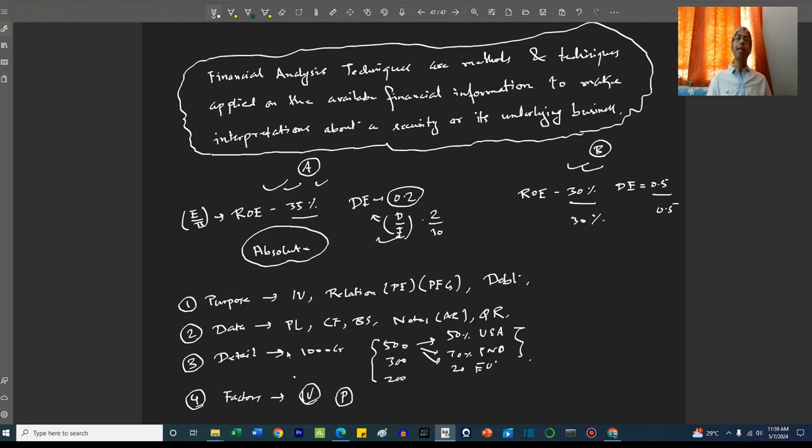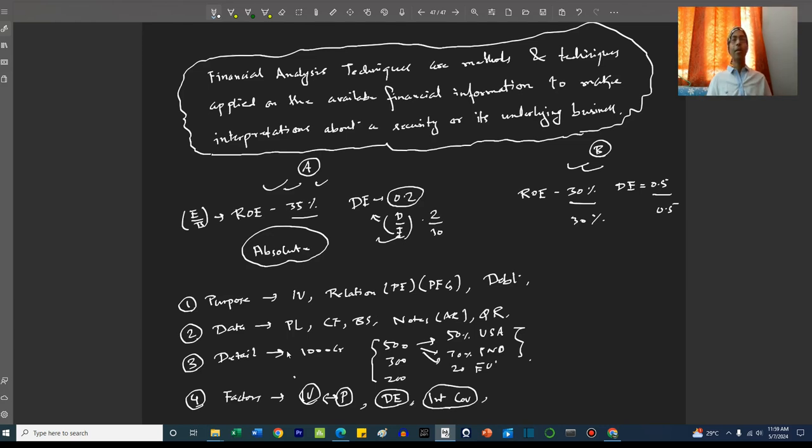If we compare them, we can easily understand whether the company is overvalued or undervalued. Again, for example, if we want to understand the debt scenario of the company, we have to bank on debt to equity ratio. We have to bank on the interest coverage ratio, right? These kind of relationships will help us.